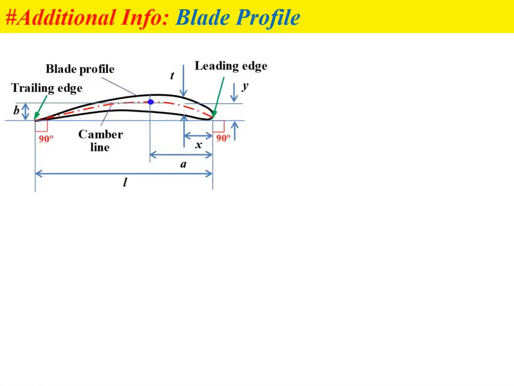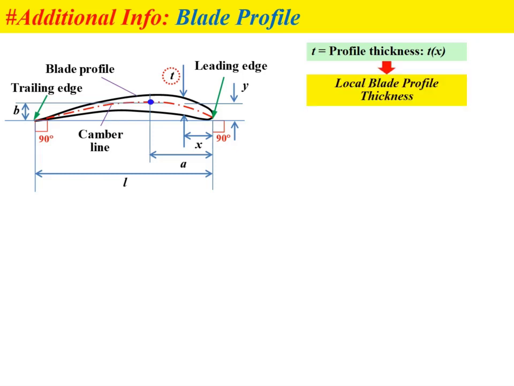Previously we learned about the parameters involved with the blade profile, as shown in these figures, and one of the most important parameters is the blade thickness, or profile thickness, referred to as T. This thickness value depends on the distance X, so at a specific distance we will have a different value of blade thickness.